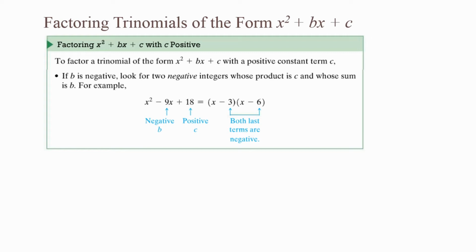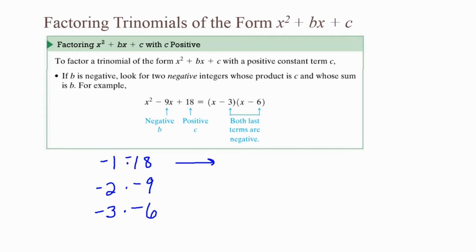I have a negative b but a positive 18. 18 I can multiply 1 times 18, or negative 1 times a negative 18, negative 2 times negative 9, negative 3 times negative 6.